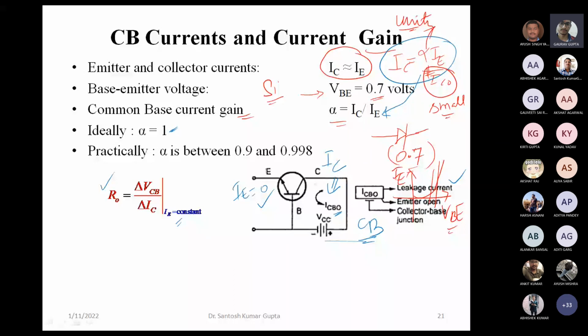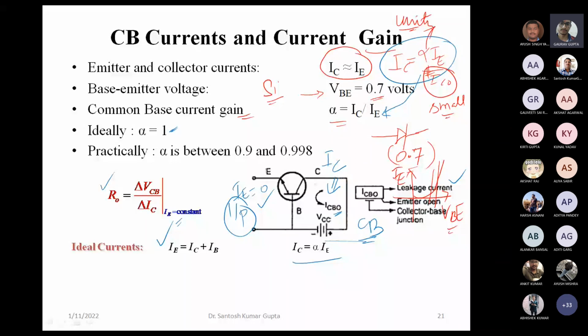This current keeps on flowing even though we don't apply any IE. So IE, the input current, is regarded as 0. Still we can write the current equation: IE is equal to IC plus IB. It is always true here. And IC is equal to alpha times IE for common base.